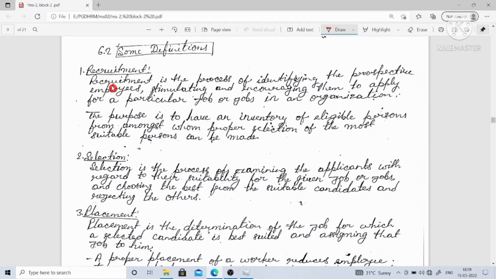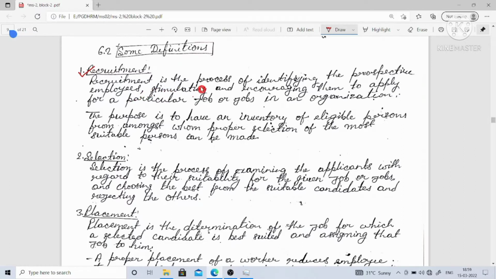So the first is recruitment. So what is this recruitment? Recruitment is the process of identifying the prospective employees, stimulating and encouraging them to apply for a particular job or jobs in an organization. You see, it is a process of identifying the prospective employees, who can be the employees of the organization.